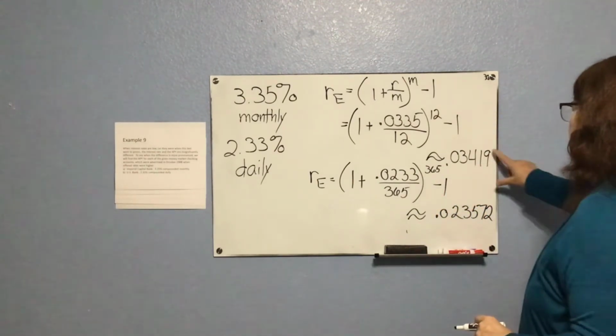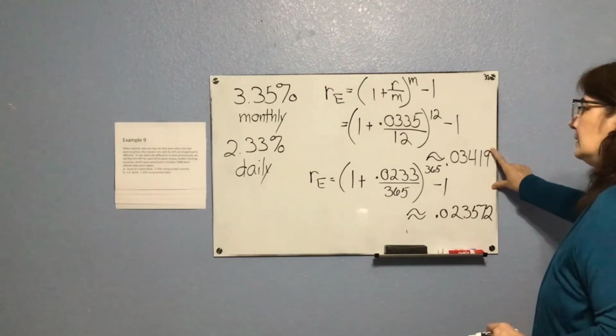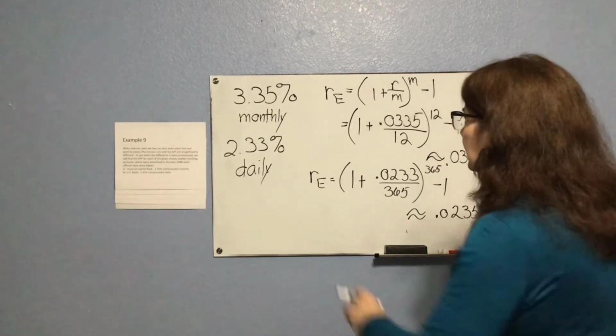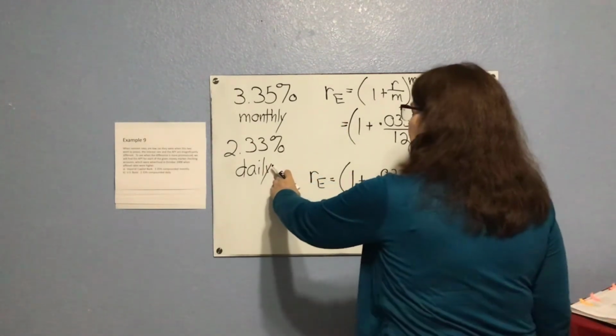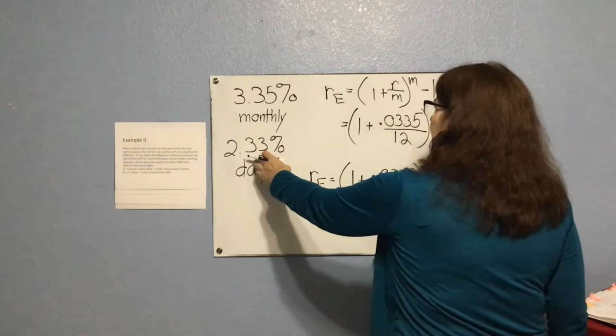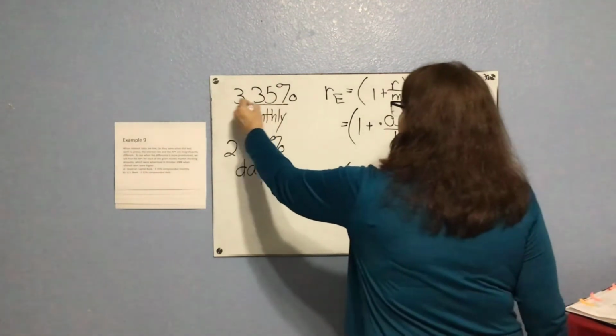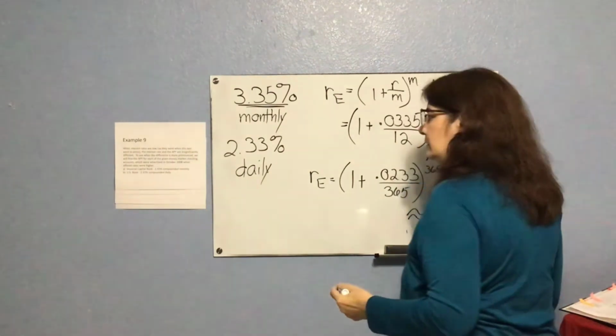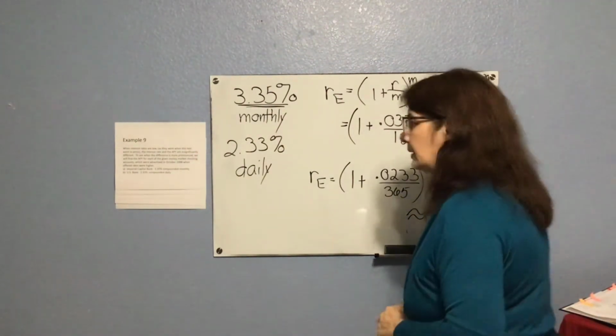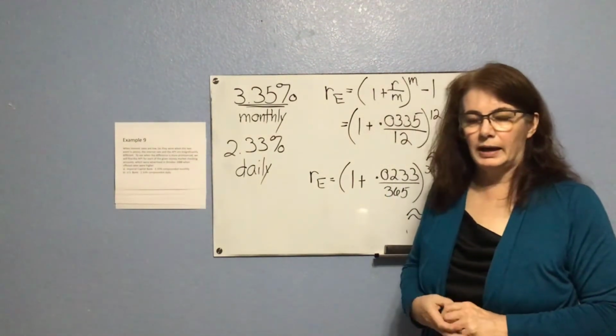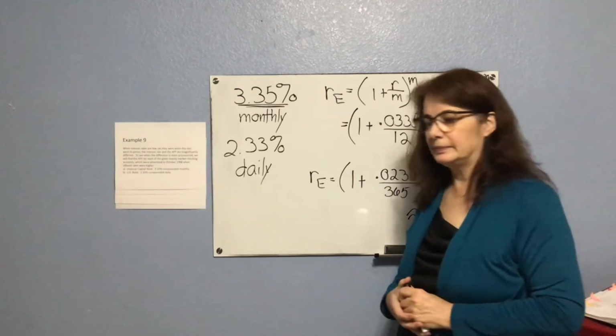So we see in this case, there's not enough difference between the monthly and the daily compounding for this to be a better deal. So the first account is going to be my better deal for these two money market accounts. Let's pause the video now and work on checkpoint 7.